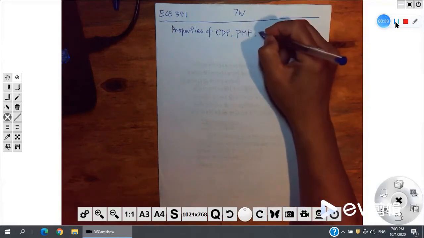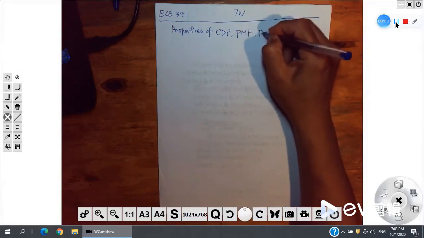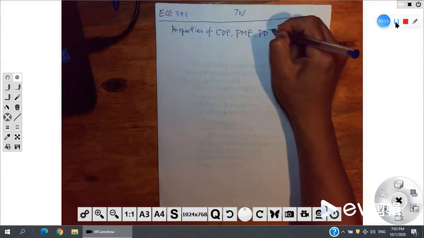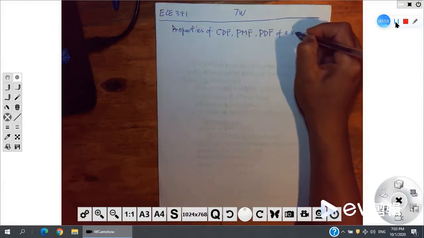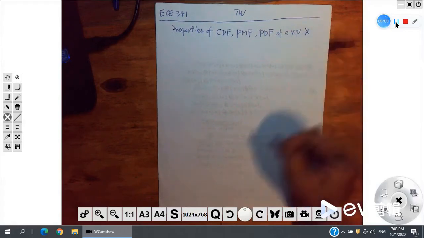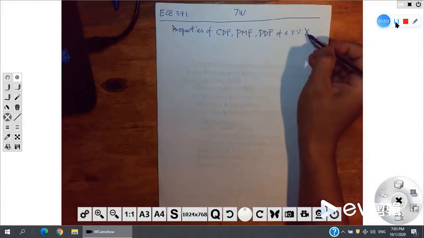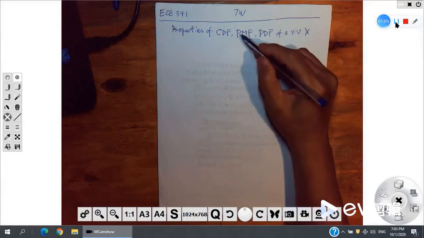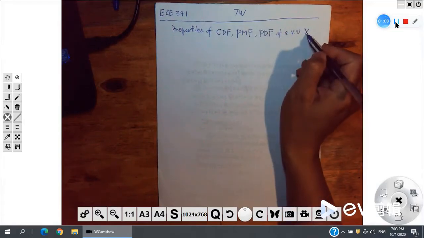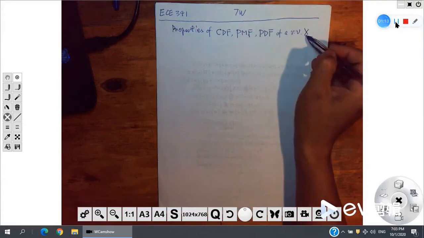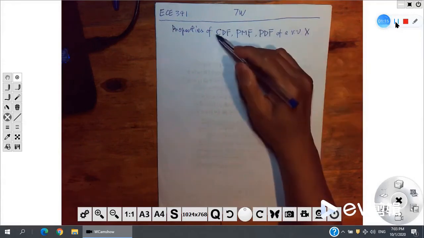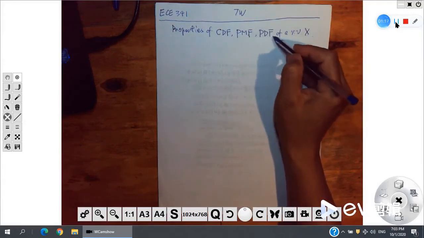We have the probability density function, PDF, of random variable X. Actually, for different types of X, we have different functions. If it is a discrete type, we have CDF and PMF. If it is a continuous type, we have CDF and PDF.